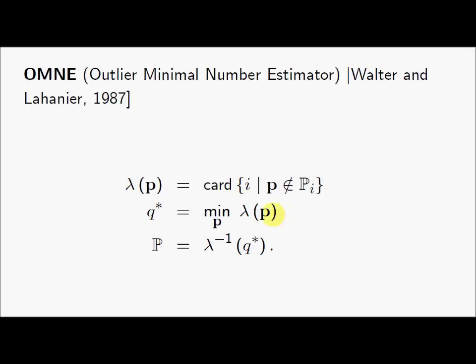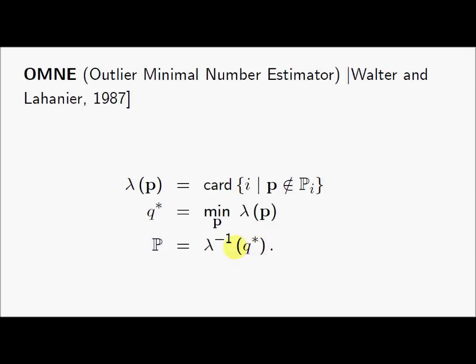I hope indeed that for p star, the number q star will be small because I will be consistent with many data. And the Omne estimator returns the set P, which corresponds to all parameter vectors which are consistent with q star.